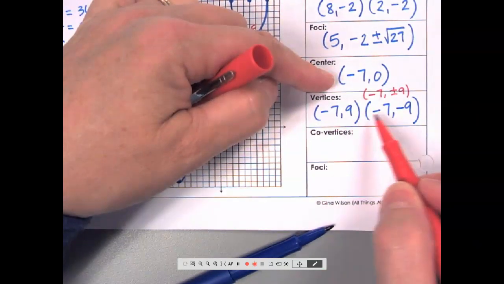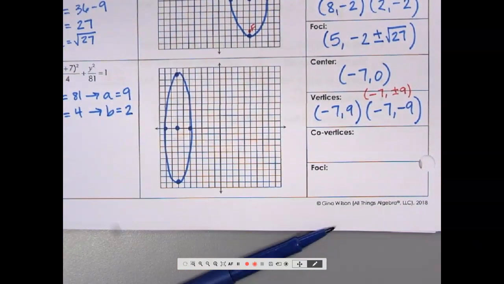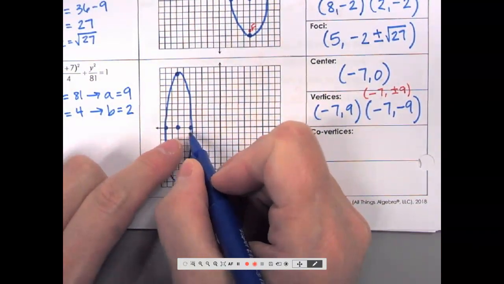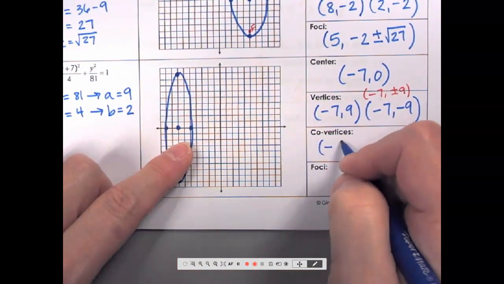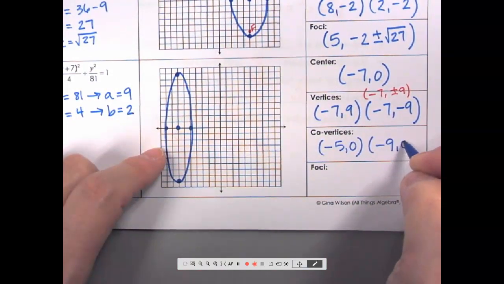Instead of writing 2 ordered pairs, one with 9, one with negative, you can also write it as that one ordered pair if you want. Okay, covertices are the ones that are really closer in. So that would be -5, 0. And -9, 0.